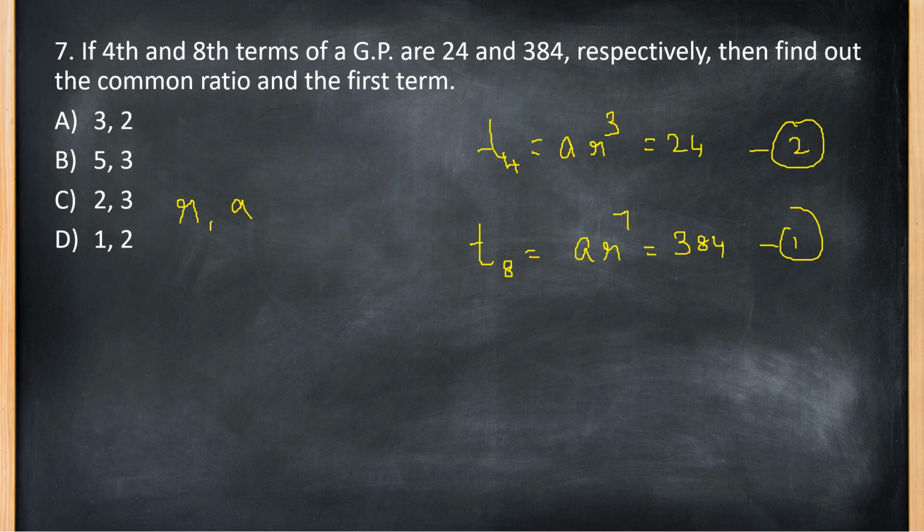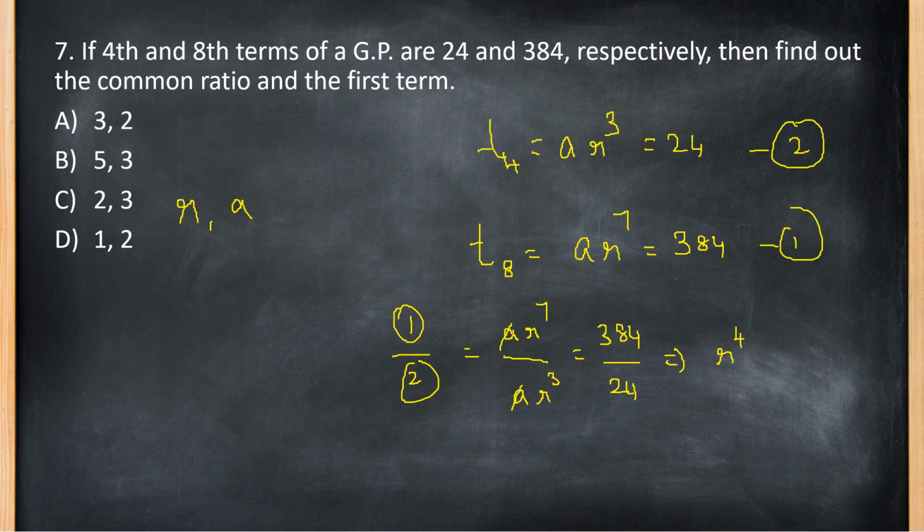Okay, so let us divide 1 by 2. So 1 divided by 2 gives you a into r power 7 divided by a into r cube will be equal to 384 divided by 24. So 384 by 24 is on one side. I'll take these two off. So r power 4, 7 minus 3 is 4.